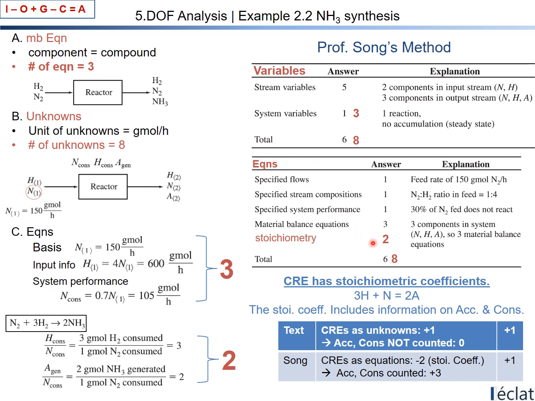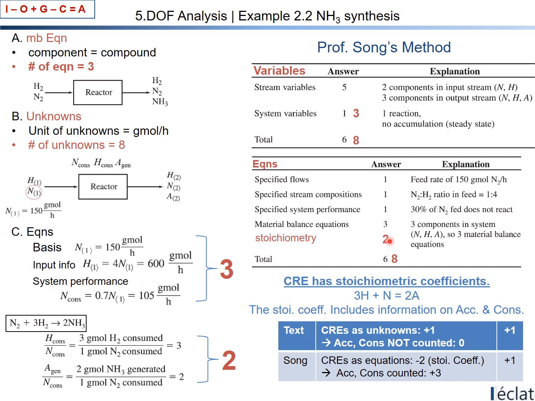So in that case, I want to use the stoichiometric coefficients for the relationship between the generation term and also consumption terms. In this case, we could obtain 2 independent equations from two independent stoichiometric coefficients.